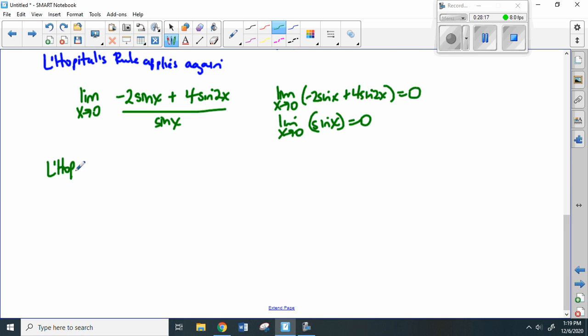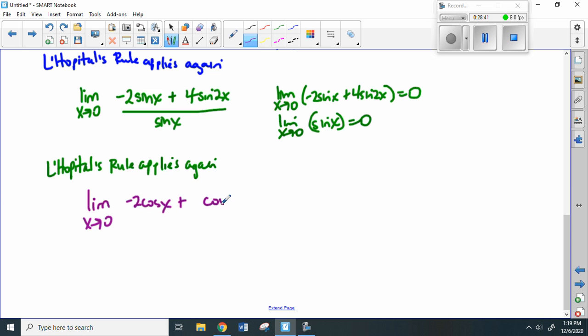And yes, you keep going if you have to. I'm pretty sure none of the homework problems go this far, but I just wanted you to understand that you might have to keep going and going. The derivative of the top now would be negative 2 cosine of x.